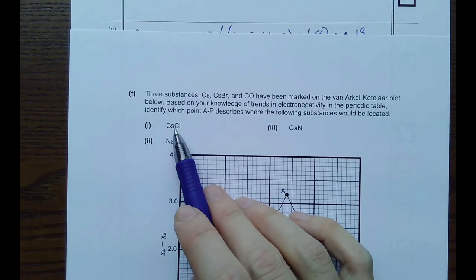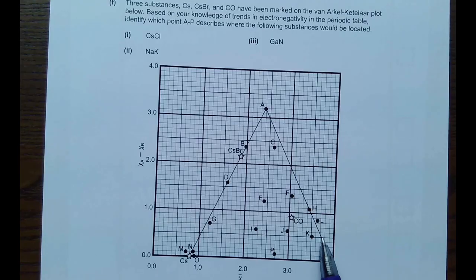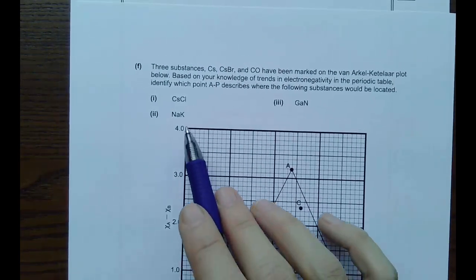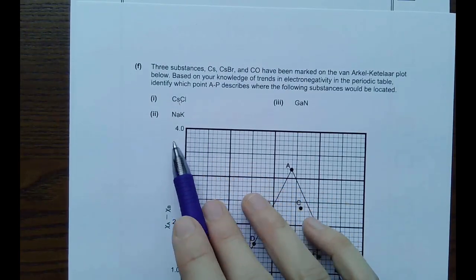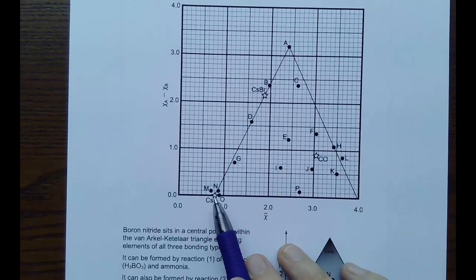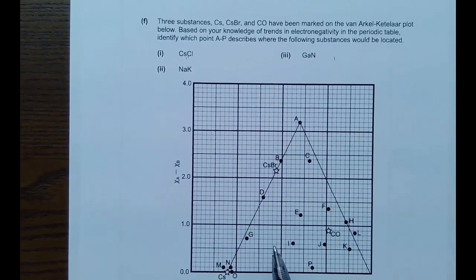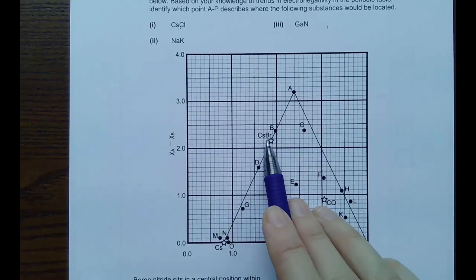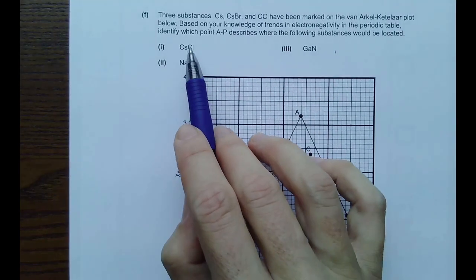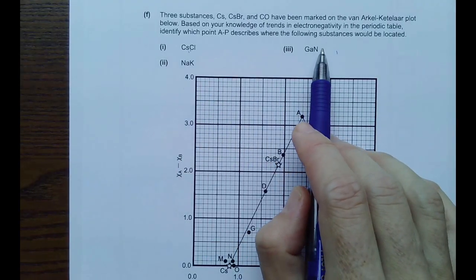So I need to find which of these, A through K or L or whatever it is, corresponds to each of these, but I'm given 3 points. So the way it works is, obviously, one of these starred ones corresponds to something that's similar to one of these, and I can work it out from that.